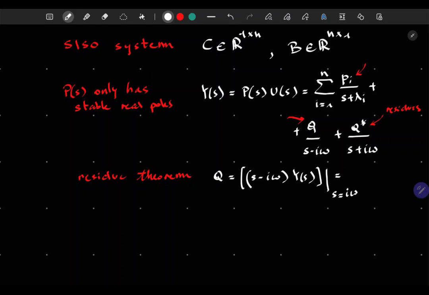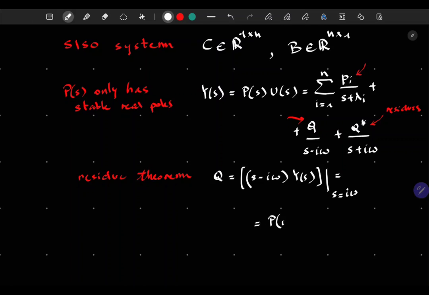If we carry out this calculation, what we obtain is P of i omega times the input evaluated in s equals i omega, which is u0 omega over 2 i omega. And simplifying, we have minus i times P of i omega times u0 over 2. And actually, this is an omega naught everywhere, because we are specializing this at the specific frequency of the sinusoid in input to the system.